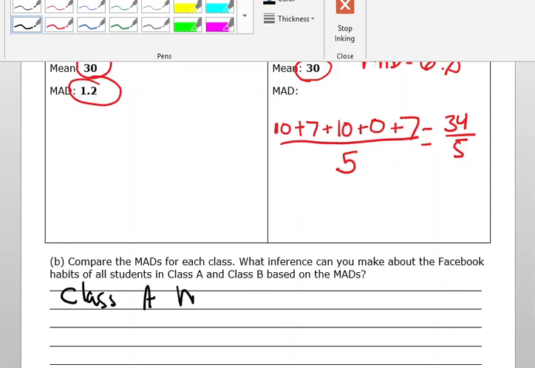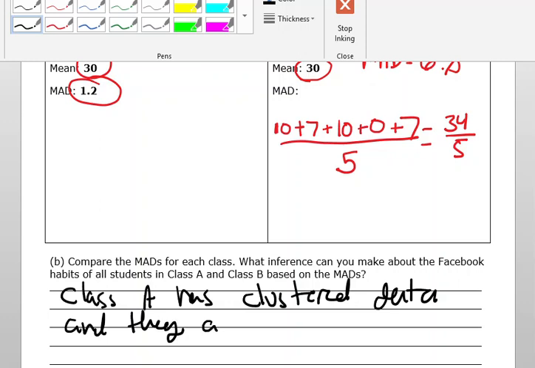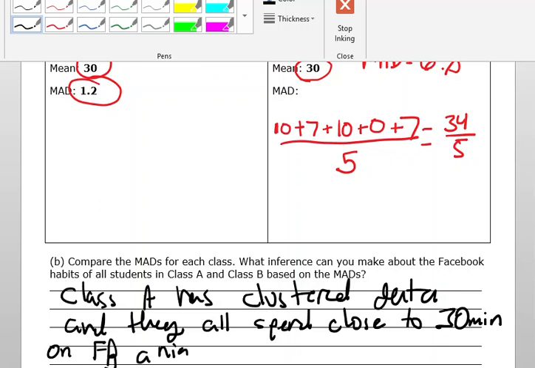has more clustered data. And they all spend close to 30 minutes on Facebook a night.